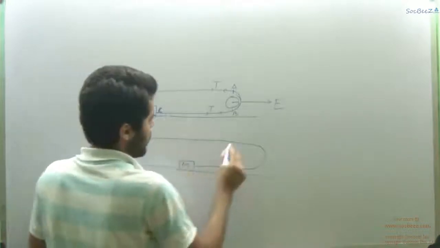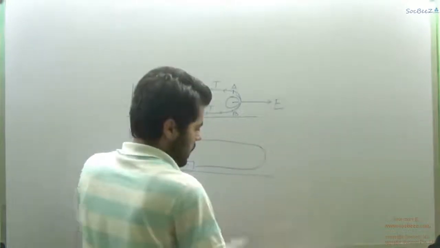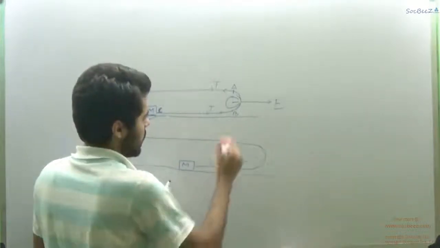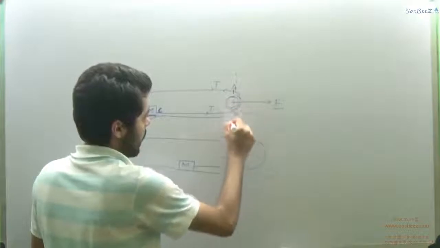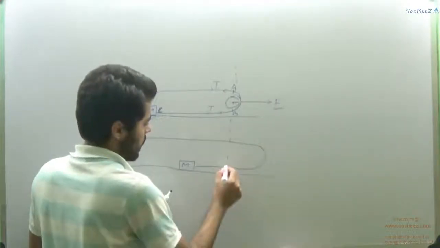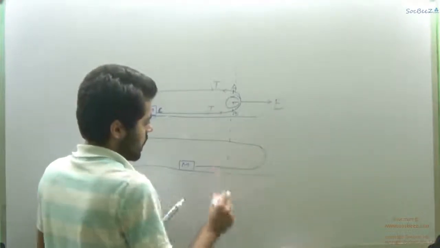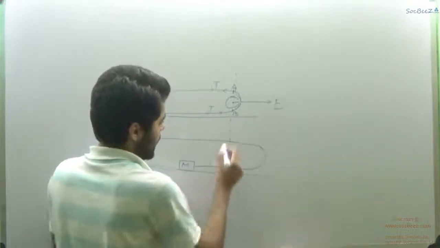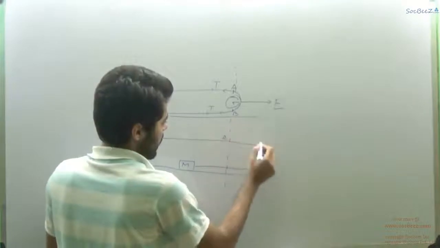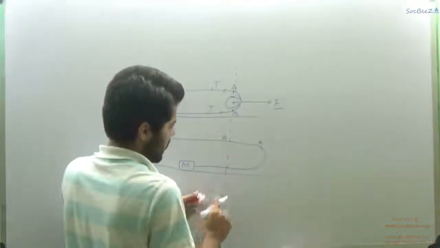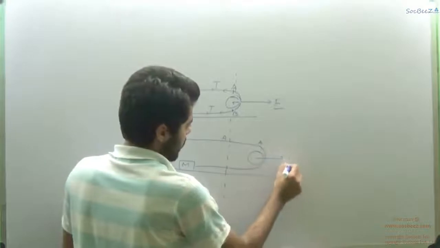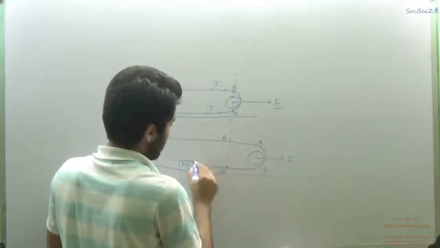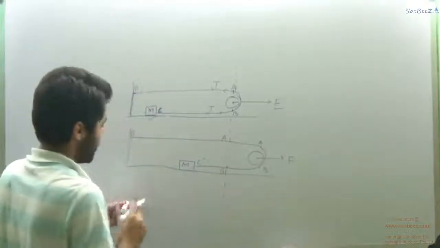This point O, this is the point A dash, and this is the point A dash, and here right now is our pulley. So this is the point B dash, and this is the point B, and this is the point C dash.